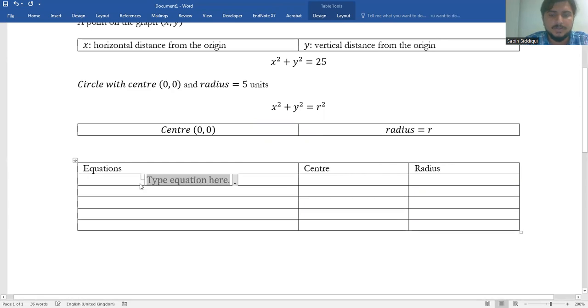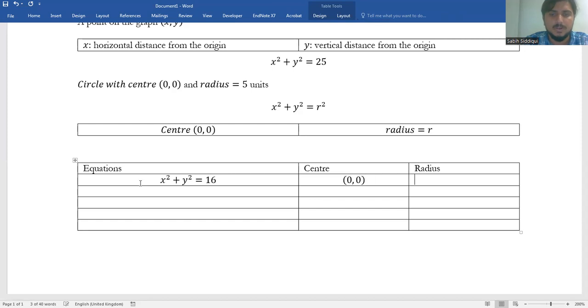So let's write the first equation, x square plus y square is equal to 16. So the center is 0, comma 0, and the radius is 4 units.